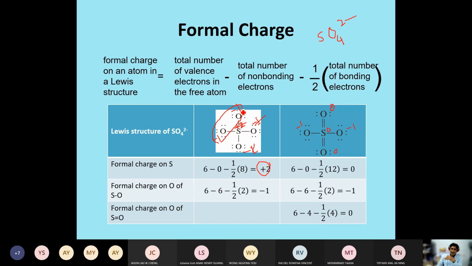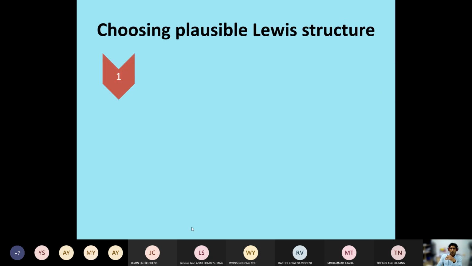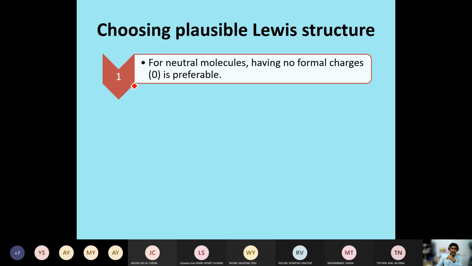And for this case, although it is cancelled out and stays as 2 negative, in this case we have less charge, less dispersion in the charging, so that means it is more stable. So when we choose the plausible Lewis structure, a neutral molecule having no formal charge, 0, is preferable.